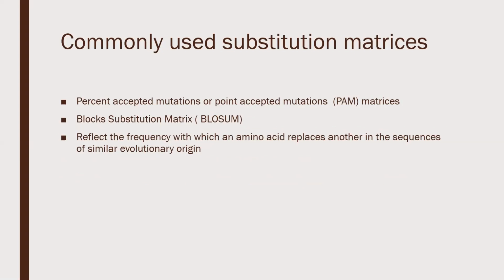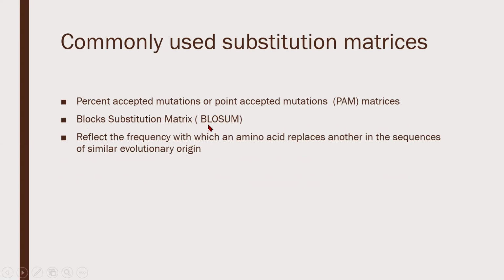There are two commonly used substitution matrices, PAM and BLOSUM. PAM stands for percent accepted mutations or point accepted mutations matrices, whereas BLOSUM is the block substitution matrix.